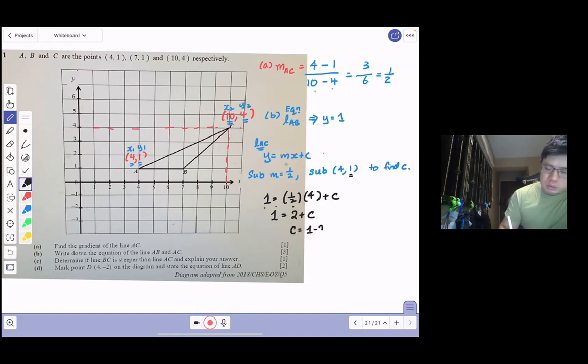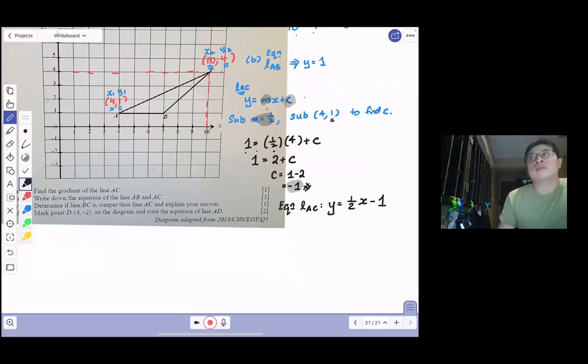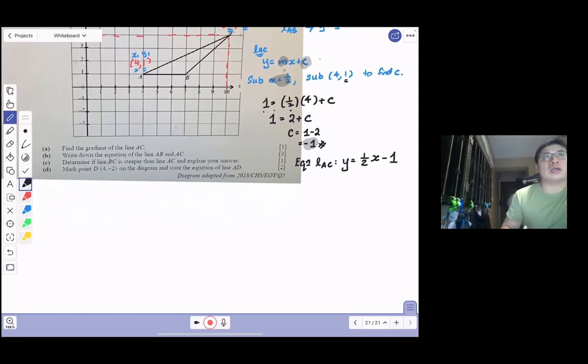So c is 1 minus 2, which equals -1. For line AC, the y-intercept is -1 and the gradient is half. So the equation of line AC is y equals half x minus 1.